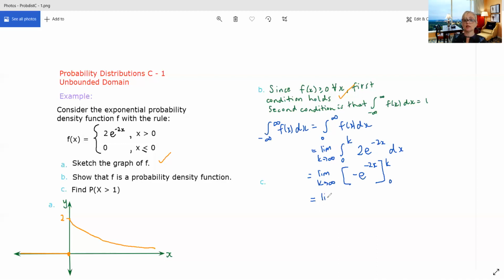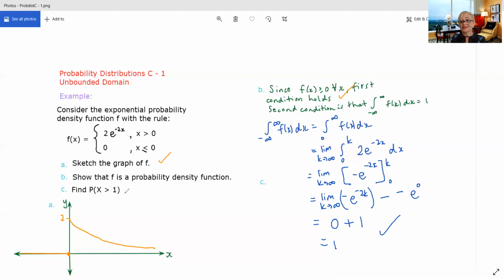So this will equal the limit as k tends towards infinity of negative e to the negative 2k minus negative e to the 0, which is just 1. What is the limit as k tends towards infinity of this? The limit is 0. And then minus negative is plus, e to the 0 is 1. So we've satisfied our second condition.